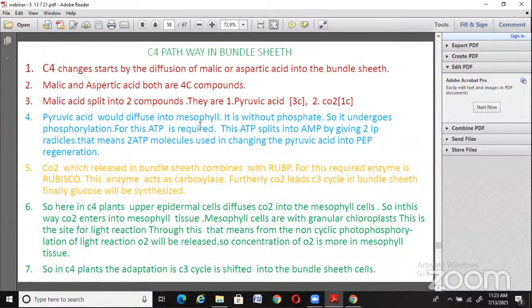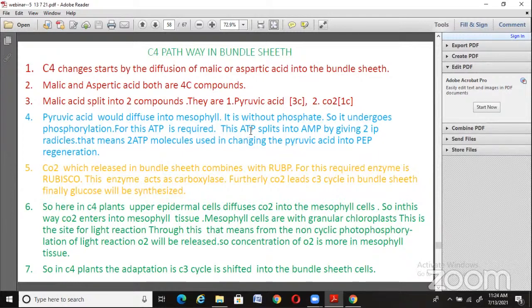If we observe deeply, this ATP molecule has three inorganic phosphate radicals. Out of three, two are utilized during the phosphorylation, so the leftover inorganic phosphate is only one. That means the end product is AMP; ATP changes into AMP during the phosphorylation.